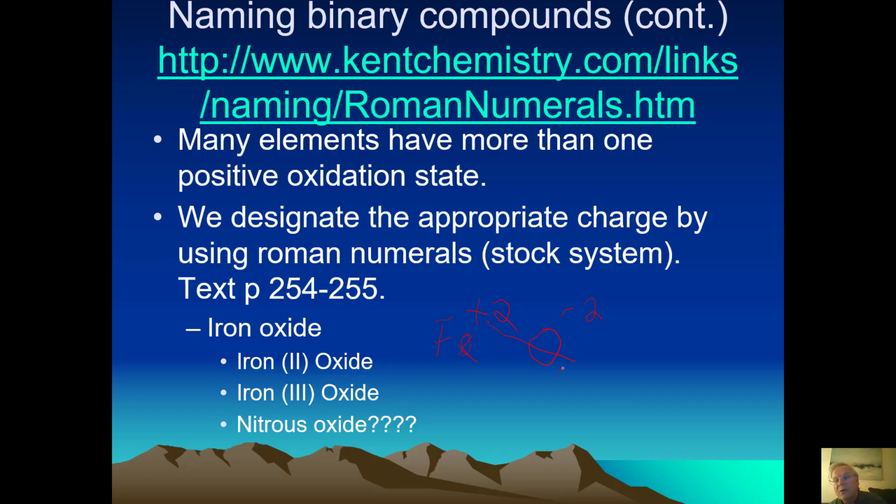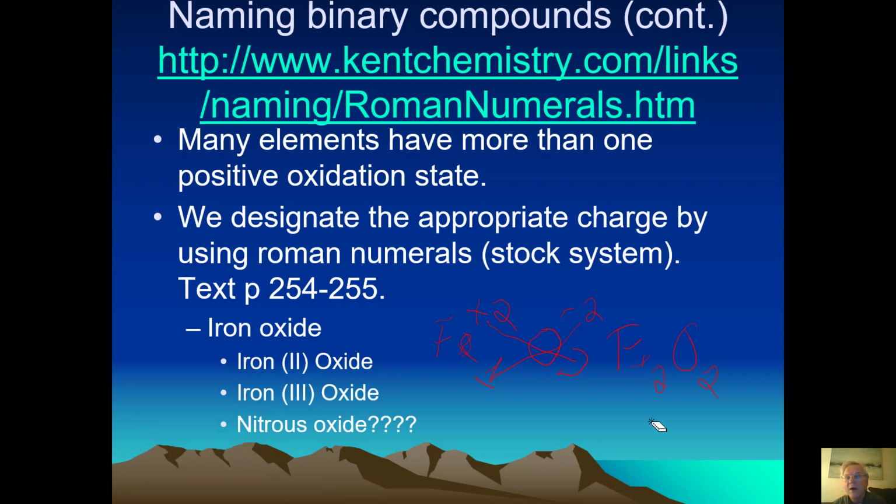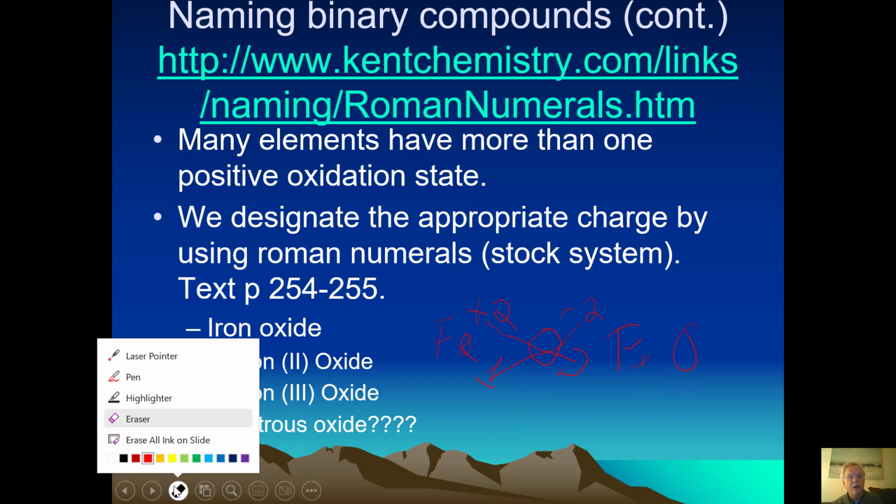I do the crisscross, and I end up with Fe2O2. But if you remember, we said those can reduce. So instead of writing Fe2O2, I write FeO.